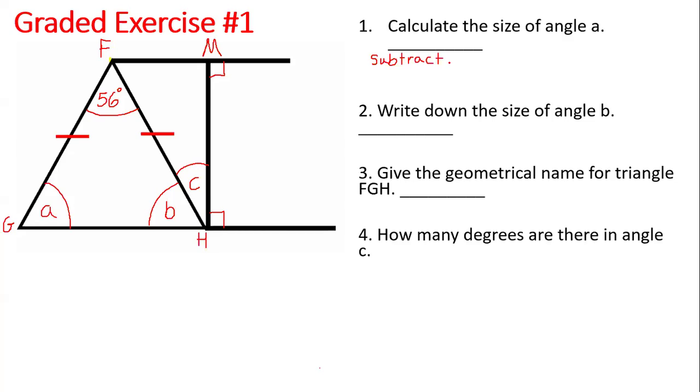What do we subtract? 180 take away 56, 180 minus 56. Are y'all focused in my class, Kyle and Kaylee? Yes, sir. You sure? When you do 180 minus 56, what do you get? 124.